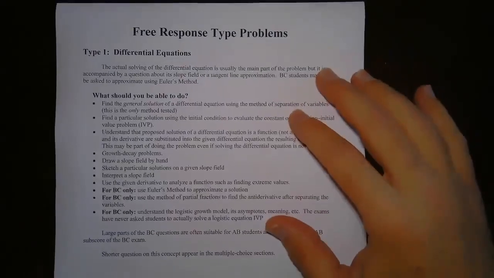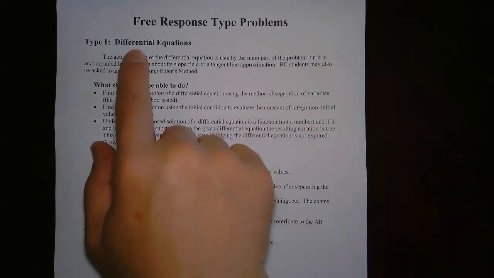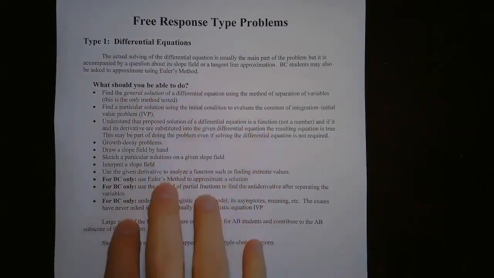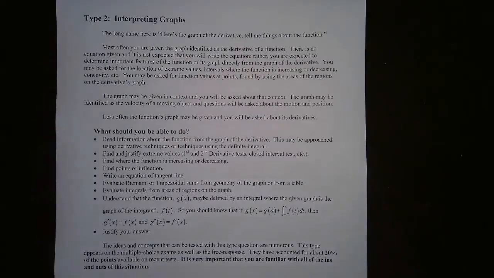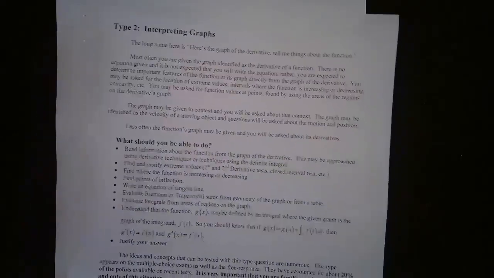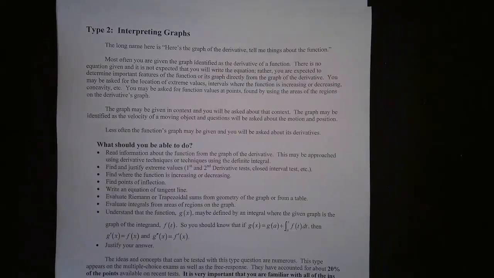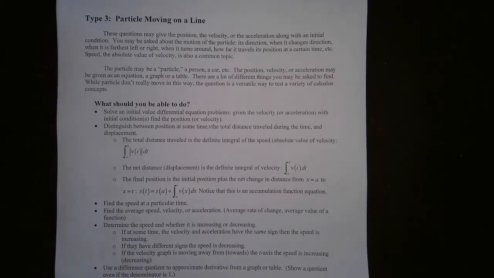This is more of the formal names. So you have differential equations, and you can read this. This is what you should be able to do to answer these questions. Then you have interpreting graphs. I think this is going to be an important part of the AP exam this year, because it's not just like you can look it up and find a rule for it. Then particle moving on the line.